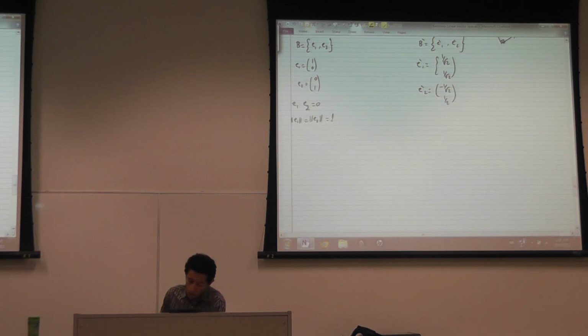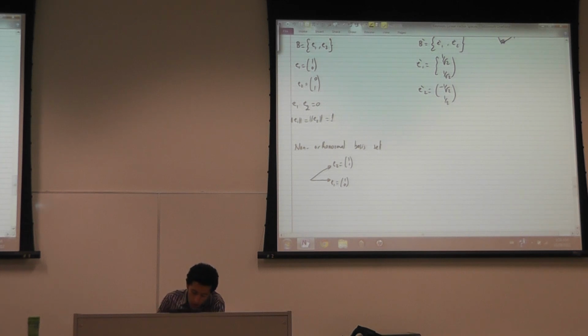An example of a non-orthonormal basis set is this. Any vector in R2 can be represented as a linear combination of E1 and E2.